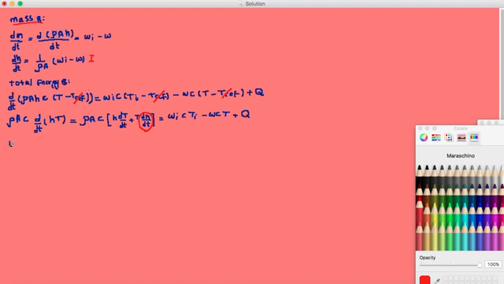We will have rho A C multiplied by H dT/dt plus T multiplied by 1 divided by rho A, omega I minus omega, equal to the right hand side of the equation.